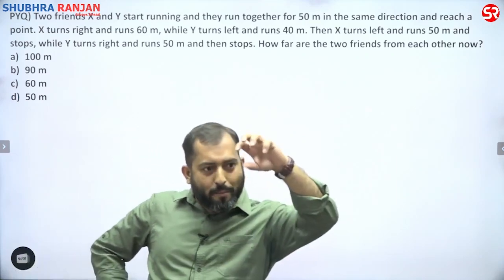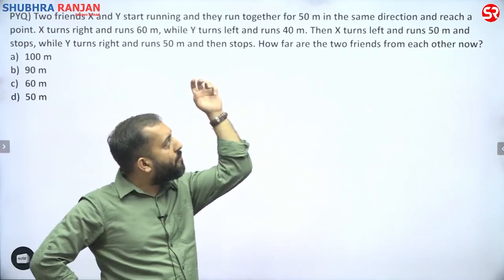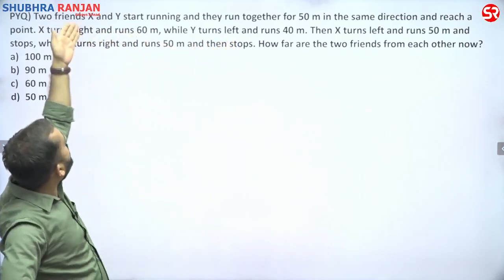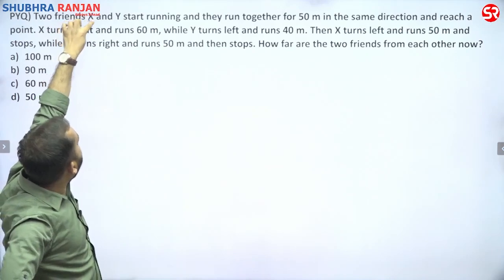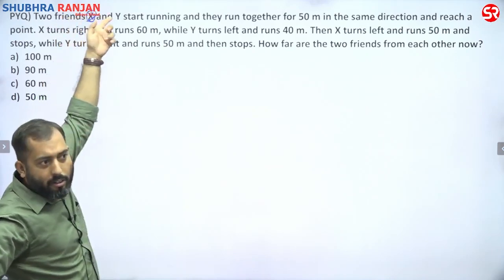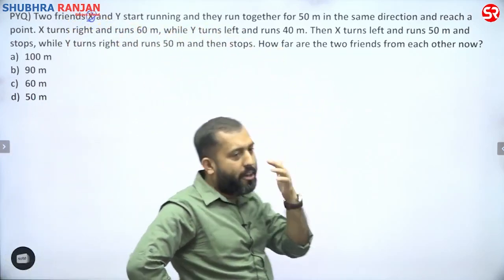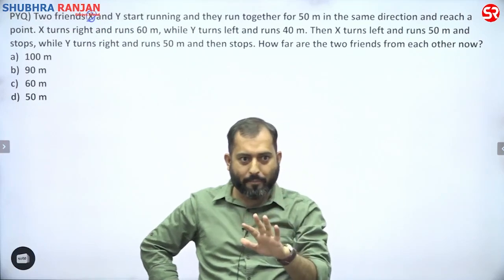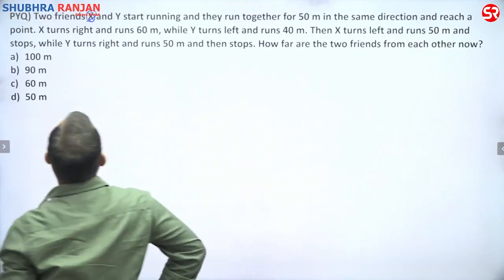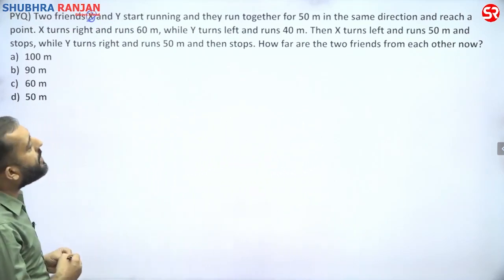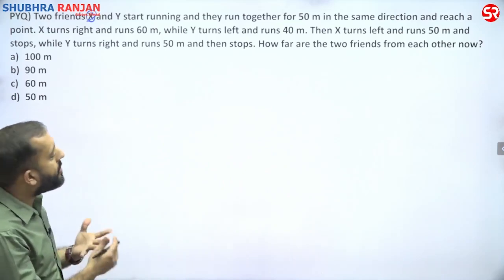See, assume yourself in the shoes of the person. Like you can assume this is you, and do what the question is telling you to do. You will get the answers. See, two friends X and Y start running and they run together for 50 meters in the same direction.